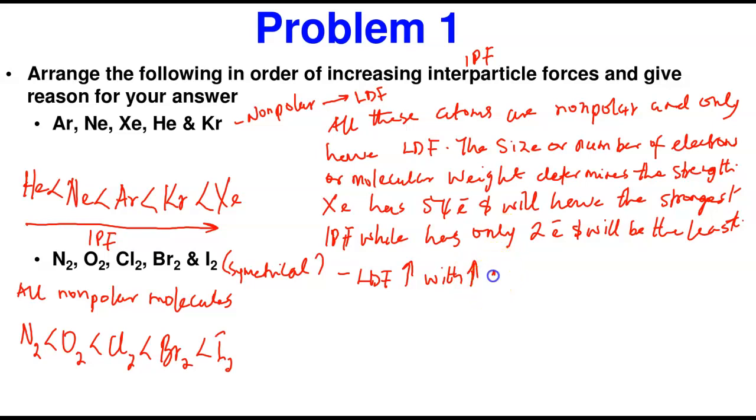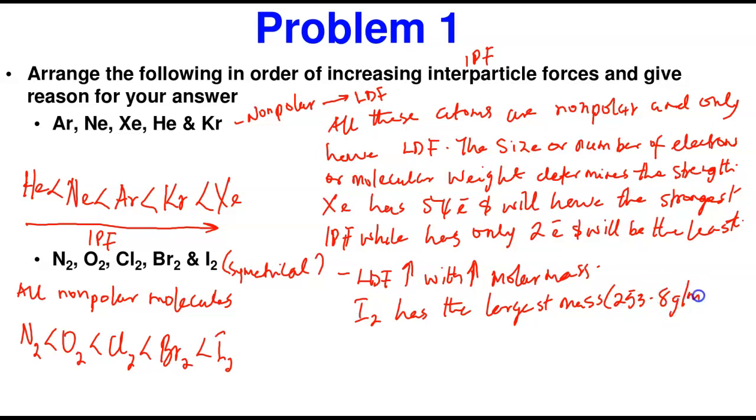In this molecule, iodine, I2 has the greatest molar mass, the largest mass. If you calculate the mass, just multiply an atom of iodine times 2, and that gives you 253.8 grams per mole.